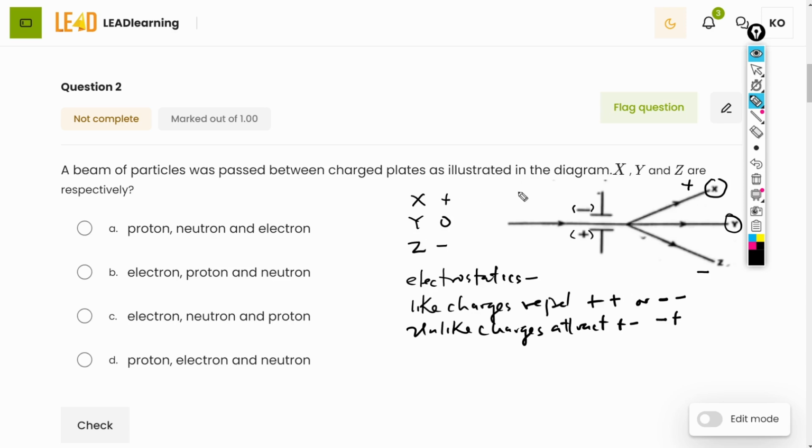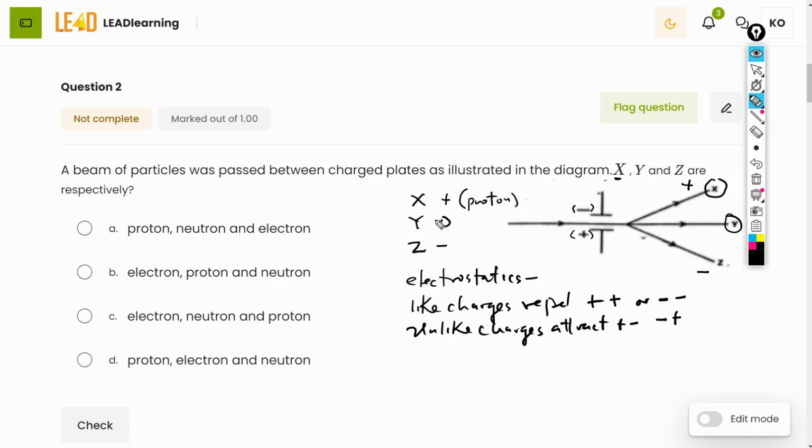Now, based on this information, our correct answer would be to X. If X is positive, the particle of the atom that is positive is the proton.